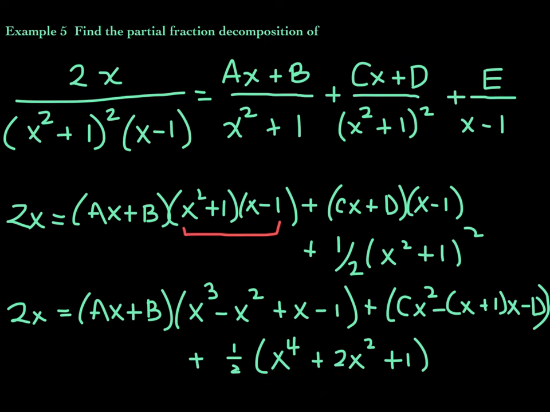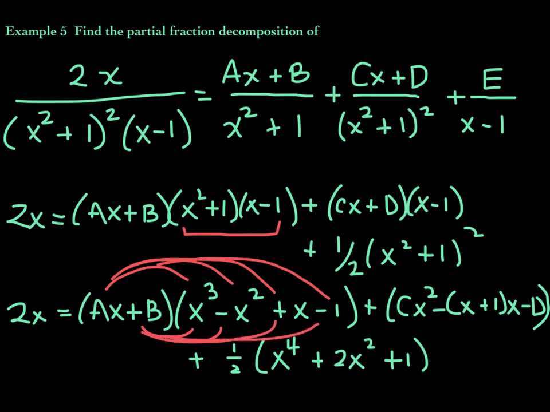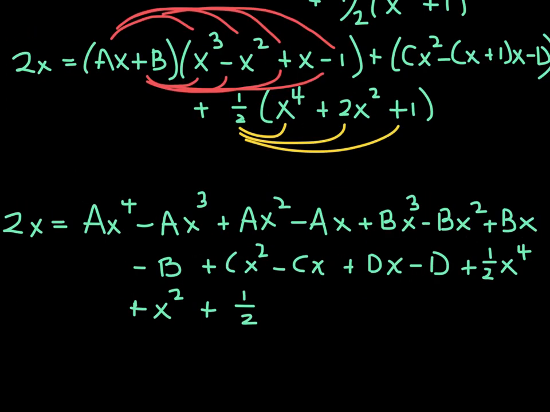Now what I'll do is distribute ax here. Let me actually show you. I will distribute ax here. And then when I'm done, I will distribute the b like that. And then finally, I shouldn't say finally because there's still a lot of work to do, I will distribute the 1/2 there. All right, let's see.